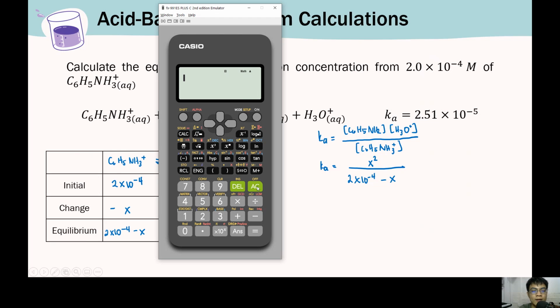Let's do that. Let's get the ratio of the concentration and the K value. Just type the concentration divided by the K value. Let's press the equal sign.